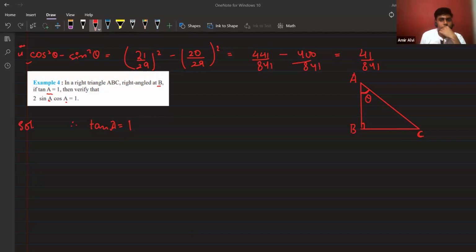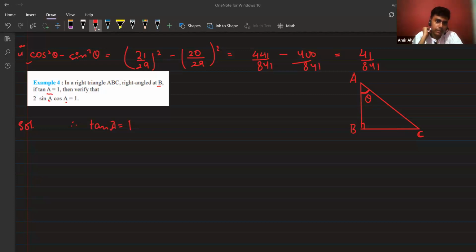If tan A is equal to 1, are you able to think in another form? What can tan be written in the form of? It can be written in the form of 1 by cos theta.